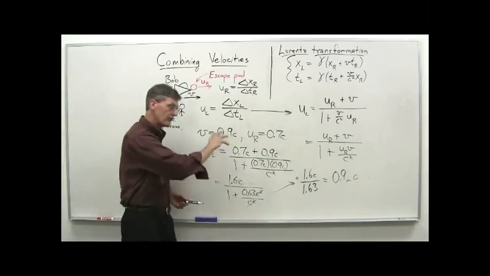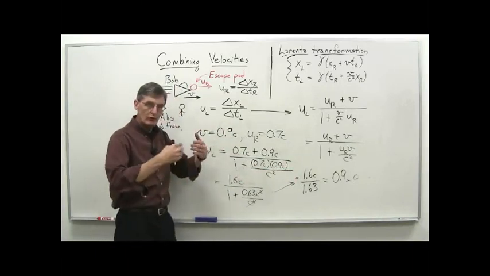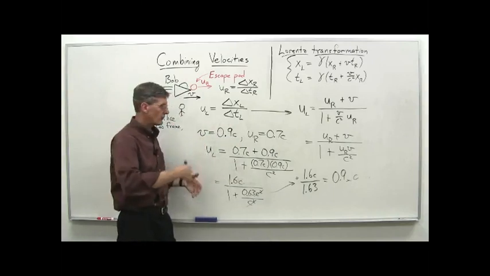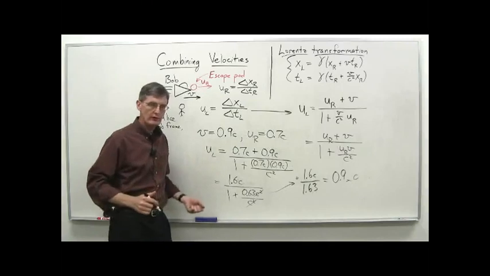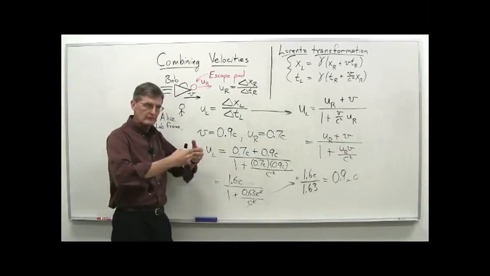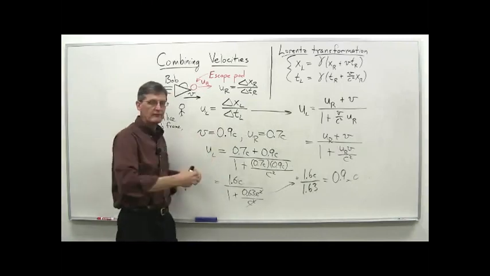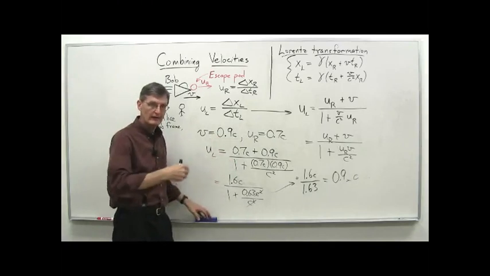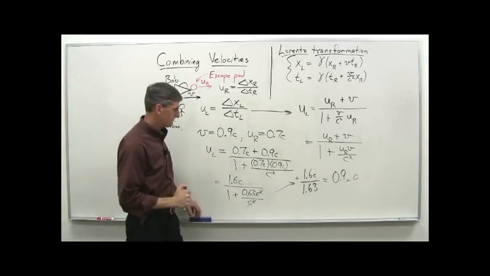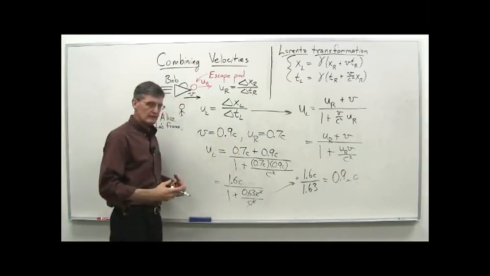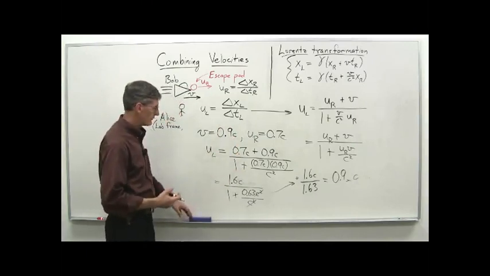But it also shows us there's something about that ultimate speed limit that we'll talk more about in a video lecture coming up. We've mentioned a few times before that for whatever reason, which is built into the theory, you cannot actually get a material object up to the speed of light. It seems to be a natural speed limit in the universe.